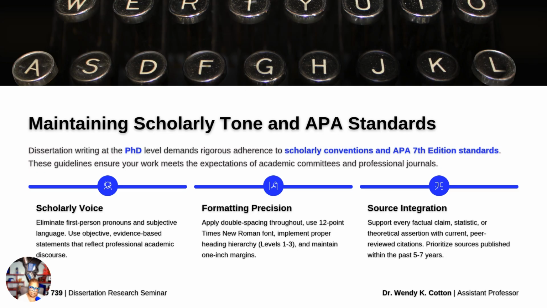And ensure that every citation that you make within your document appears in your reference list. Even in early drafts of your dissertation, academic precision is one of the indicators that you are ready and prepared for PhD level research.